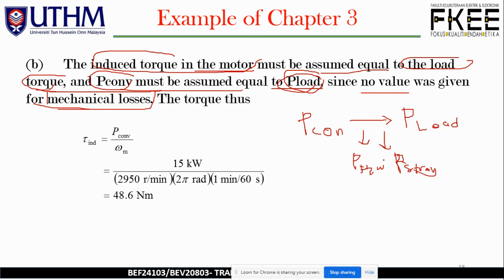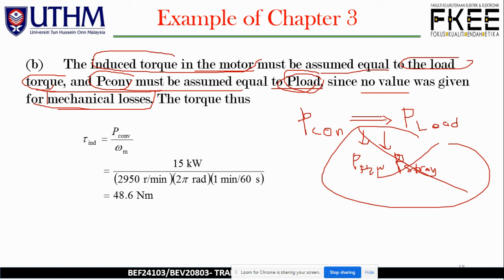These two are considered as the mechanical losses. Since there are no mentioned mechanical losses, we can say that the P converted is genuinely supplied to P load.